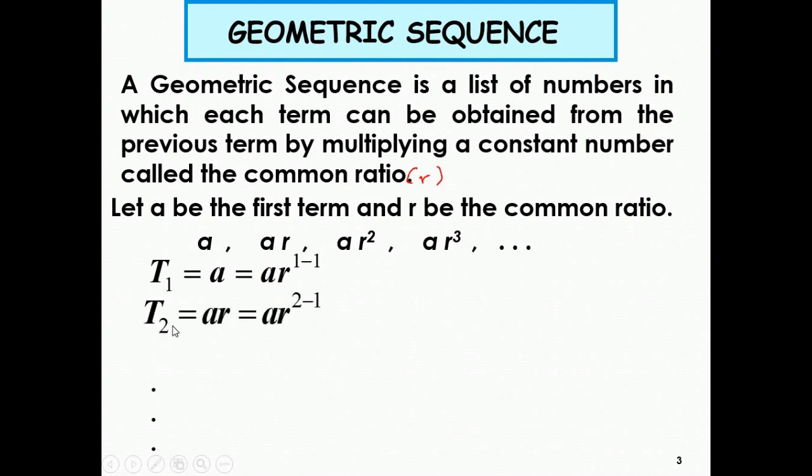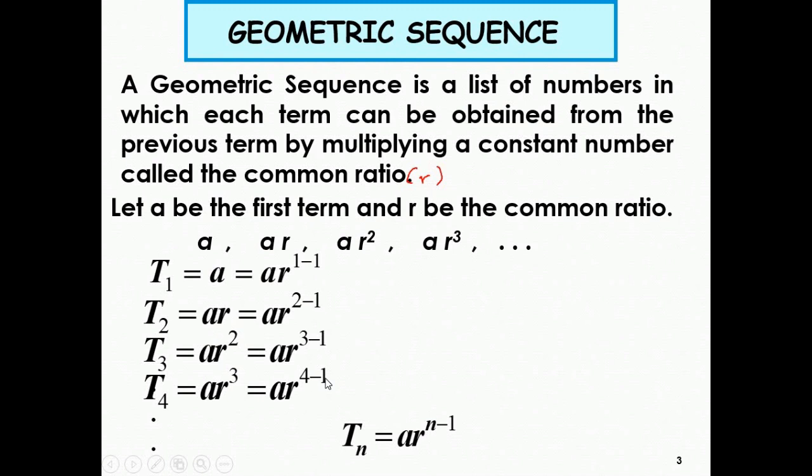The second term is AR to the power of 2 minus 1. The third term is AR to the power of 3 minus 1. The fourth term is AR to the power of 4 minus 1. Therefore, Tn is AR to the power of n minus 1. So this is the Tn formula for a geometric sequence.